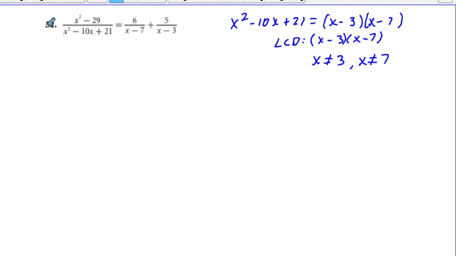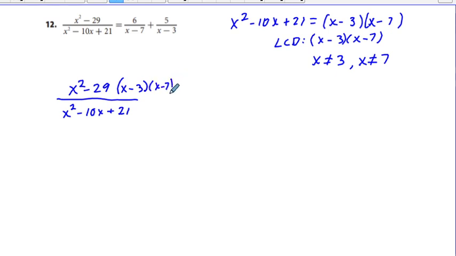Okay, so now we're just going to apply that to what we have here. So I'm going to just rewrite. It's going to be pretty long here, but we can do this. We'll put x squared minus 29 on top, and on the bottom we're going to put x squared minus 10x plus 21, and then we're going to multiply that through by x minus 3, x minus 7.